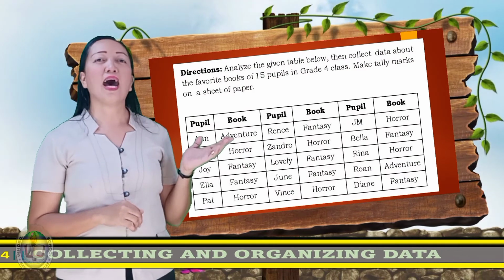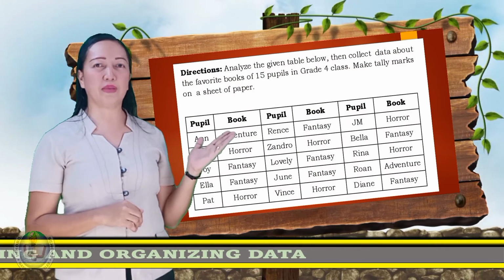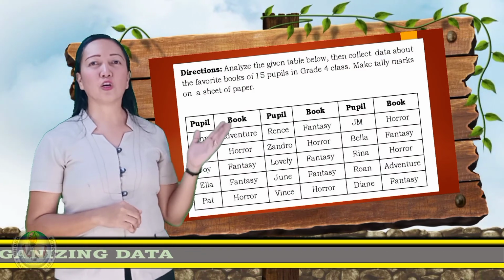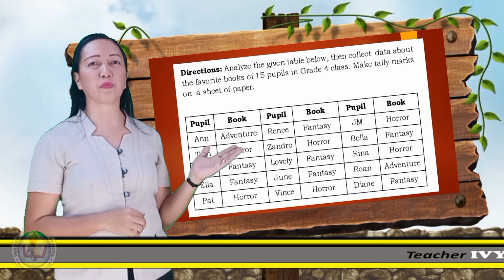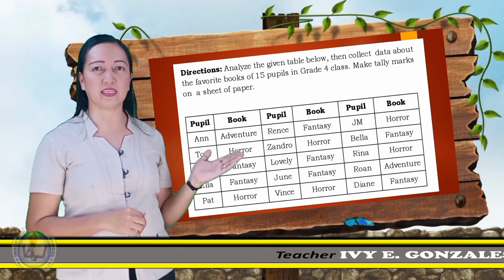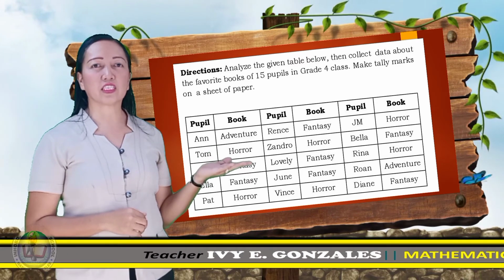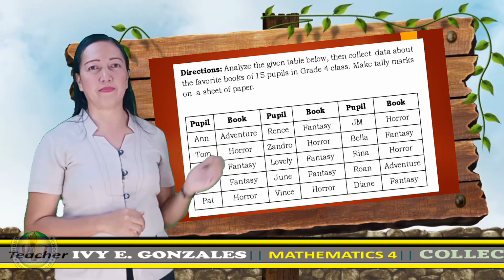Let us see what you can do. Directions. Analyze the given table below. Then, collect data about the favorite books of 15 pupils in grade 4 class. Make tally marks on a sheet of paper.